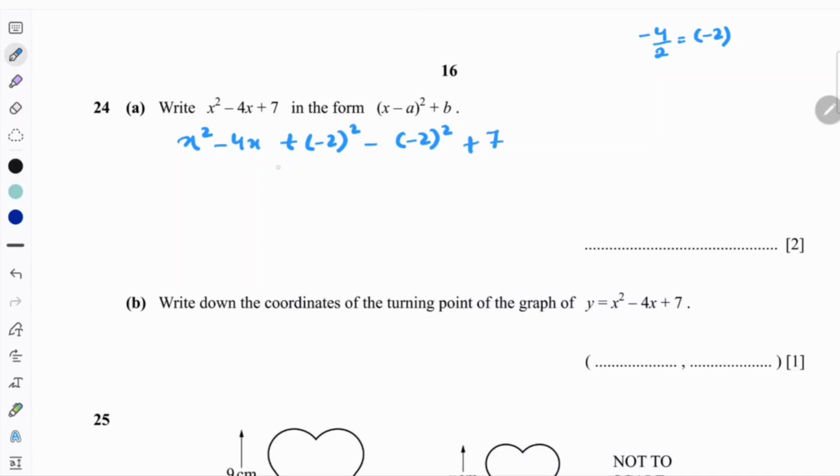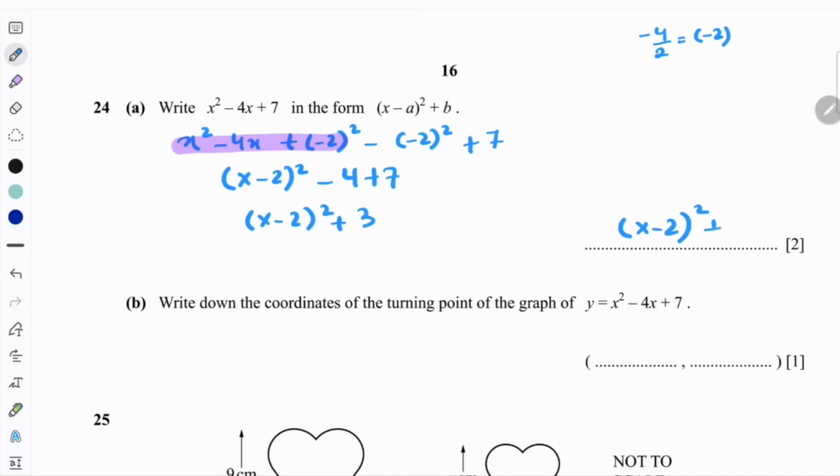This becomes x minus 2 whole square, minus 4 plus 7 makes 3. x minus 2 whole square plus 3.